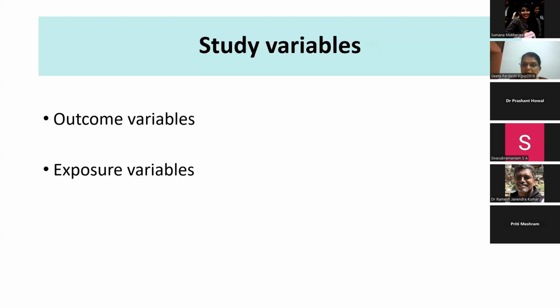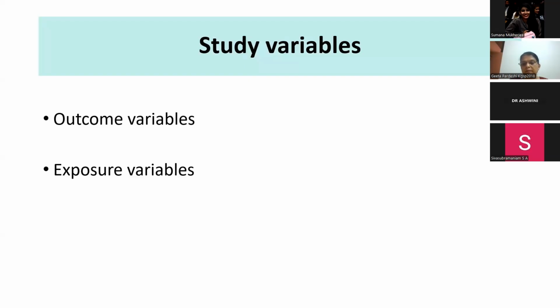As Siva mentioned, we are interested in two variables, the outcome variable and the exposure variable. So what is the outcome variable here? Siva has already said, but let's just be clear about which is which variable.